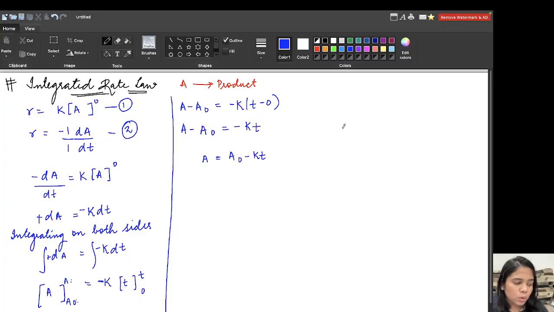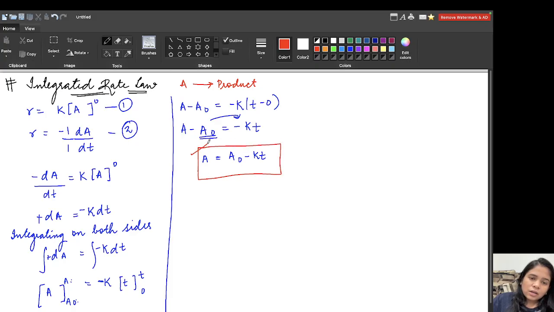What did I actually do? I just transferred this A0 to this side. So A equals A0 minus KT. This particular thing is very important in zero order.